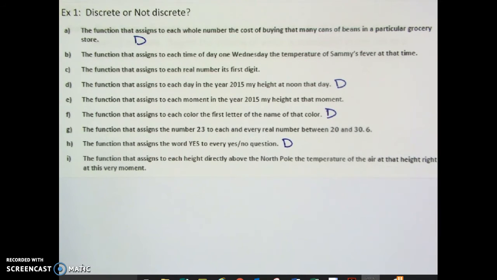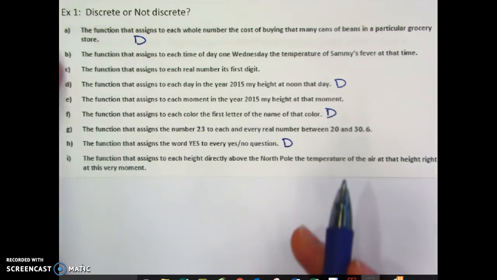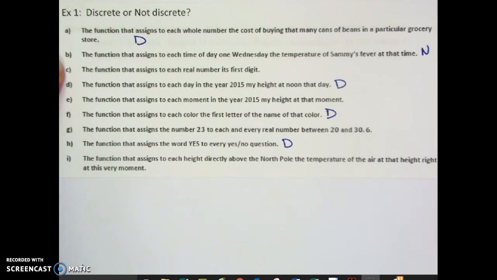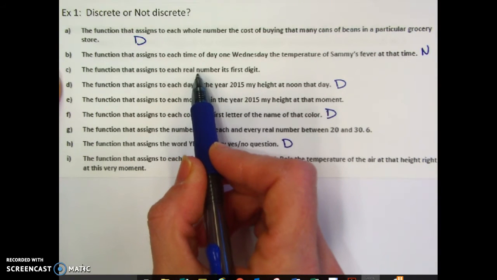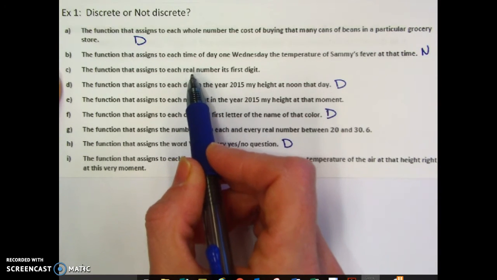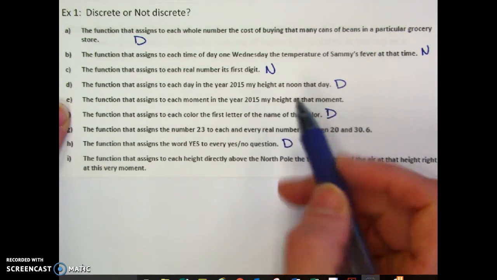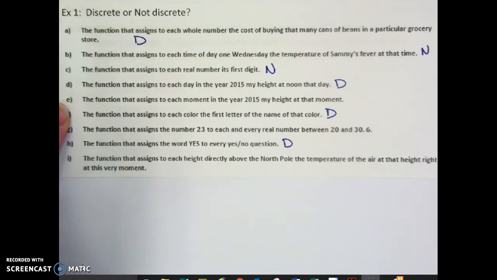The rest of these are not discrete, so we'll briefly talk about them. The function that assigns a time of day, well, time of day, you could have half an hour, part of a minute. The function that assigns a real number, we can have a real number divided by 2, half of a real number. The function that assigns to each moment in the year 2015, they're not discrete.